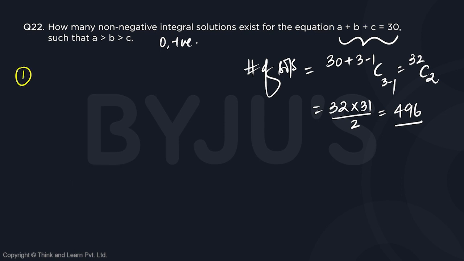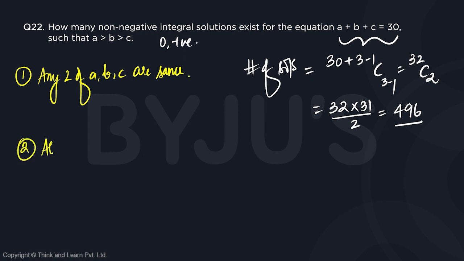The first scenario is where any two of a, b, c are the same, because then of course they are not in the greater than scenario. The second scenario is when all three are the same. When all three are the same, there is only one case: a is equal to b is equal to c is equal to 10. So we will have only one such scenario.